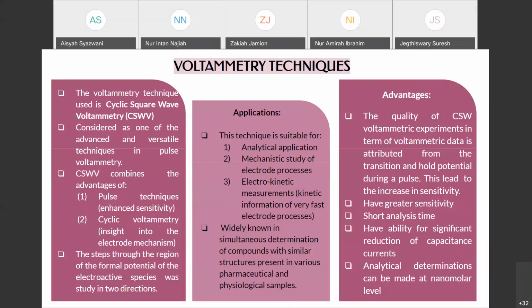So this leads to the increase in sensitivity. Next, CSWV has greater sensitivity, short analysis time, and the ability for significant reduction of capacitance currents. And the last one is that cyclic square wave voltammetry is good for analytical determination and can be made at nanomolar level.